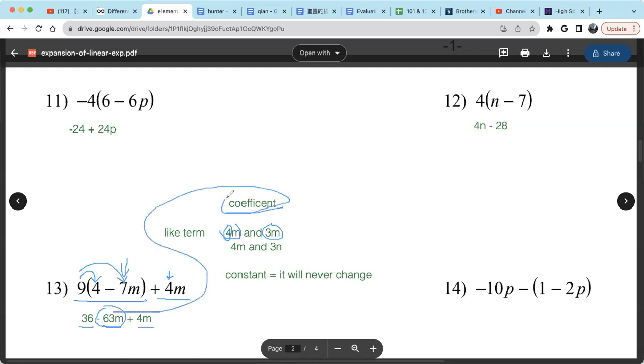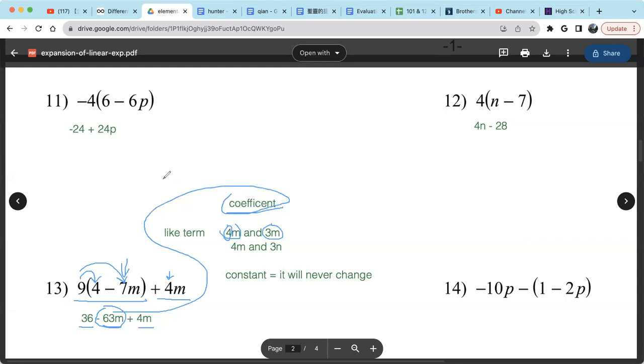It's not a constant. It's just a number before the variable. If negative 63 were all by itself, it would be a constant. But because it is multiplied by m, it is glued together with m. It cannot be separated. So negative 63m is just one term.